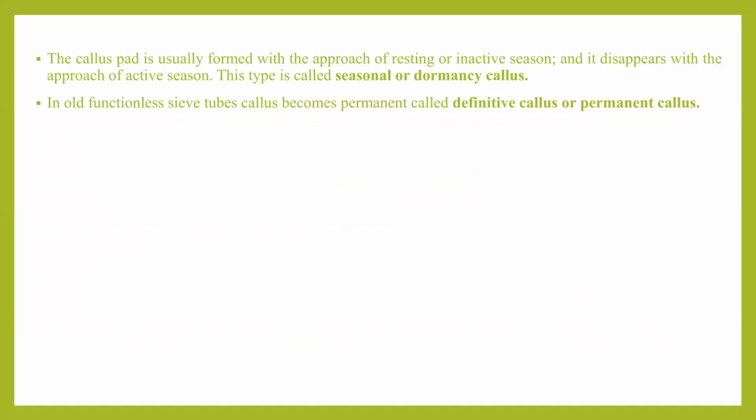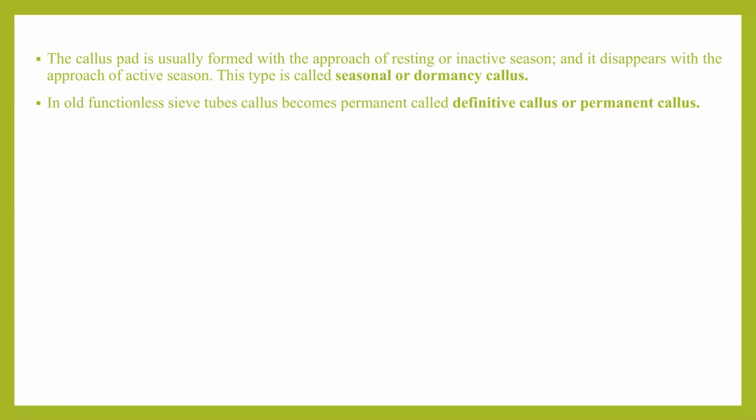The callus pad is usually formed with the approach of the resting or inactive season, and it disappears with the approach of the active season. This is called a seasonal or dormancy callus. In old functional sieve tubes, the callus becomes permanent, and it is called a definitive callus or permanent callus. So the callus may be seasonal or definitive.